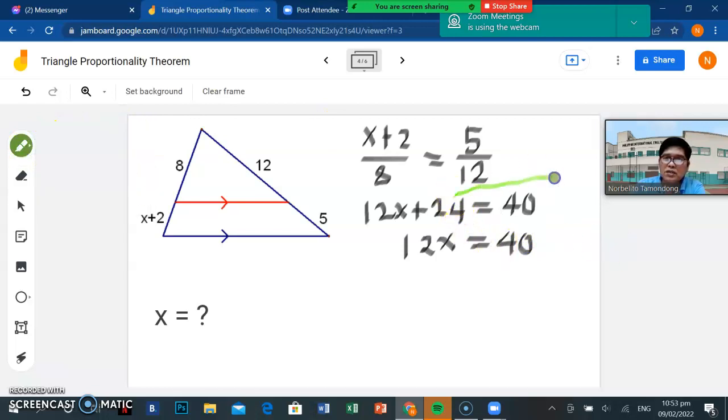You transpose the 24 to the other side, from positive to negative. So 12x is equal to 40 minus 24, equal to 16. So x now is equal to 16 over 12, or simply 4 over 3.